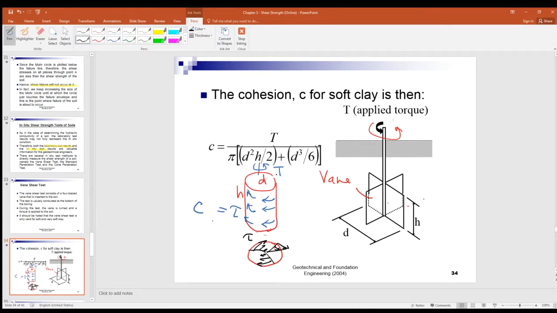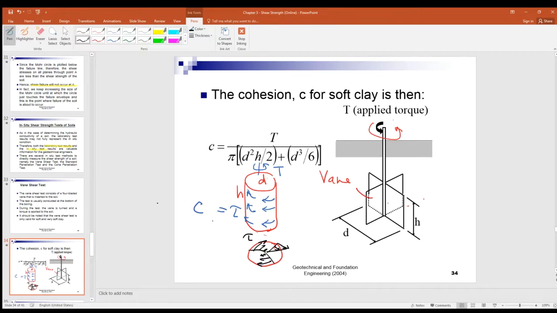So if you use calculus to analyze the shear stress which contributes to this torque, you can obtain this equation. I'm not going to derive it.